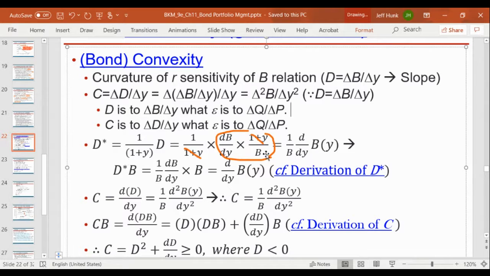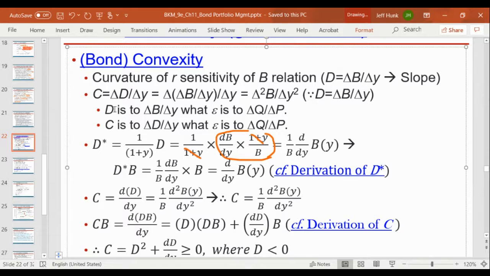Basically, the rate of change with respect to change in another variable is a first derivative. But you are taking another derivative of the first derivative, so that's the second derivative. This is the way to write the second derivative, because you are taking the derivative with respect to y twice. So this is basically the concept of convexity, right?